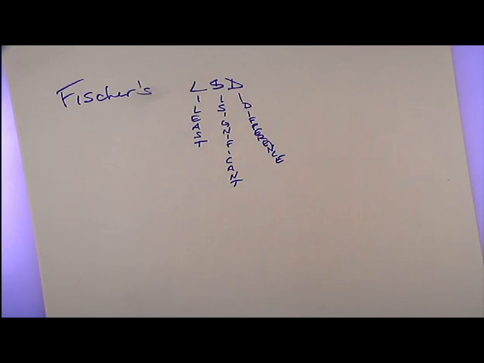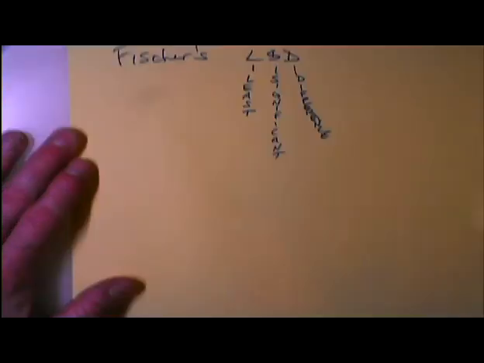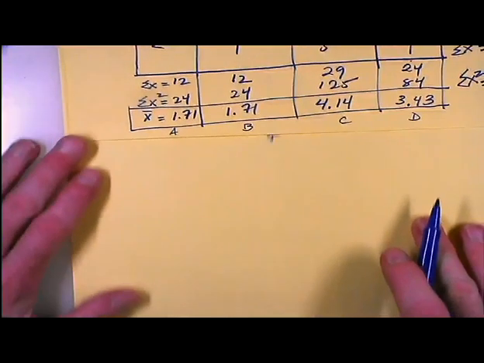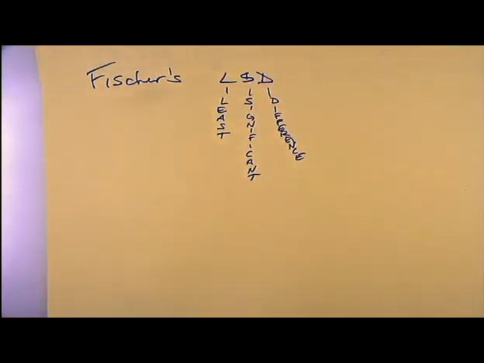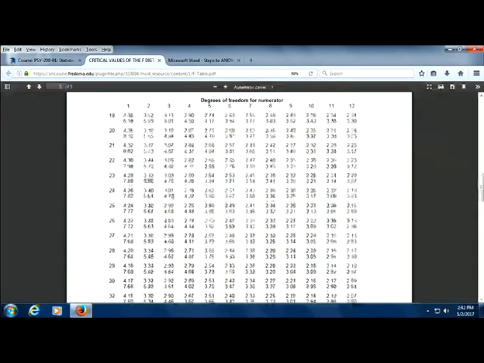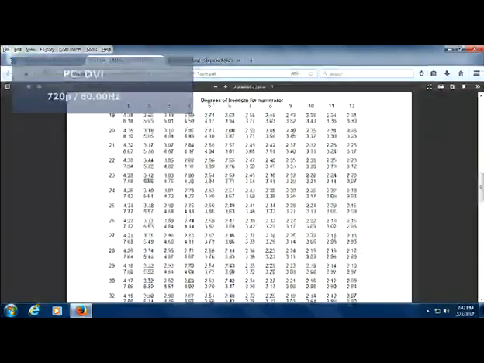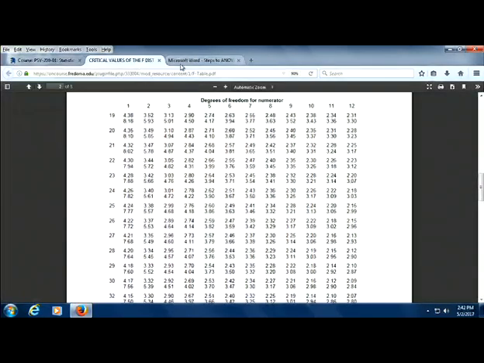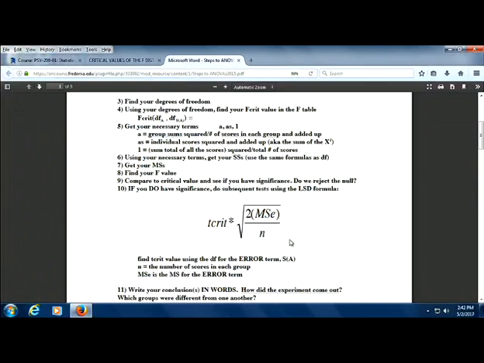So when we get to this point, we go back to our means. And what we're going to do is see what is that value that makes them the least significant difference. And for this, there's a formula that we use. Okay? And this is it. And now we're going to go back to our t values.